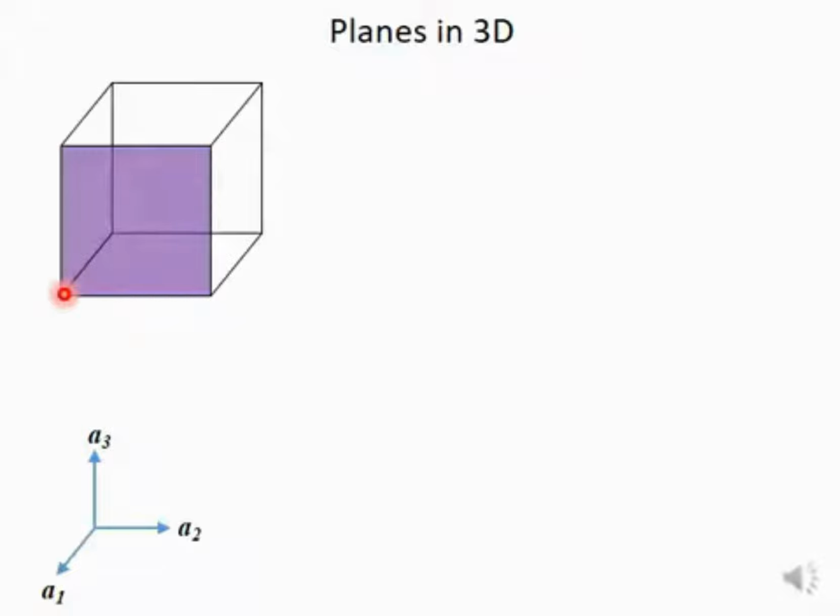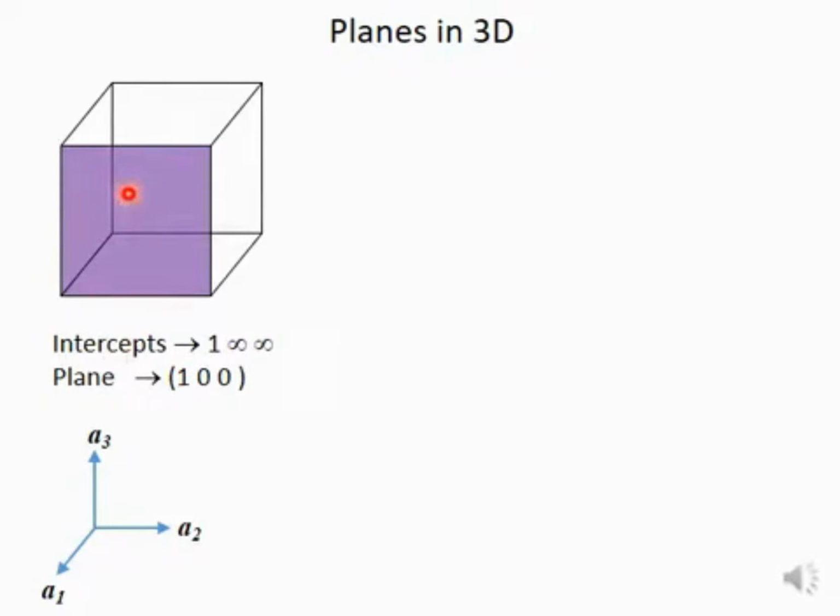the plane intersects A1 at a distance of one unit cell in this direction, while it runs parallel to A2, and also runs parallel to A3. So the intercepts are 1, infinity, infinity.